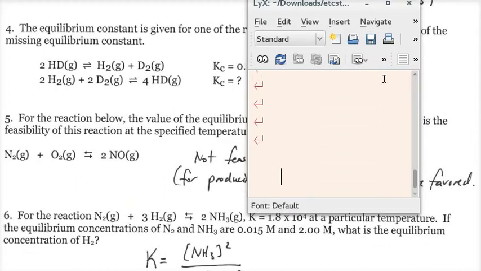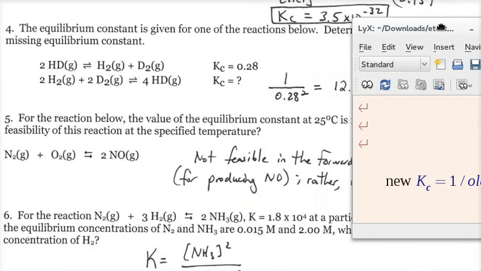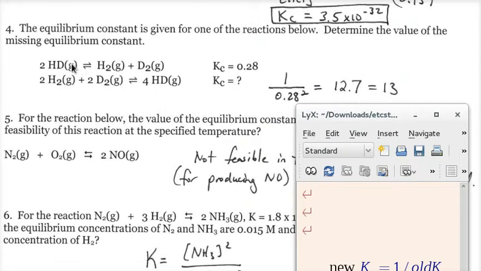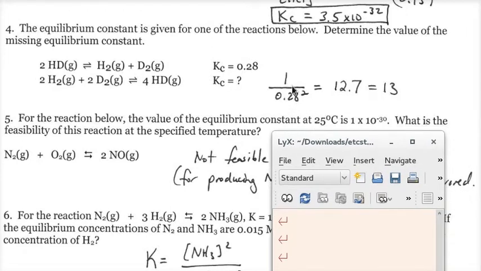So the new Kc is 1 over the old Kc, or original Kc if you wish. And you also, since these got doubled, you need to square the original Kc, so both of these are done here. 1 over the original squared, and there's your answer.